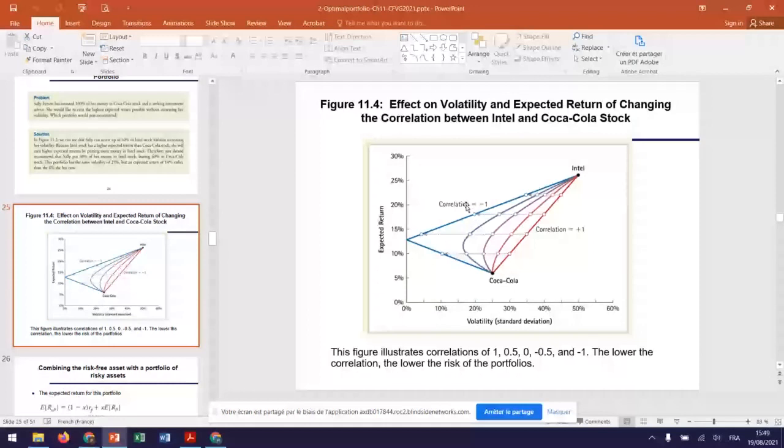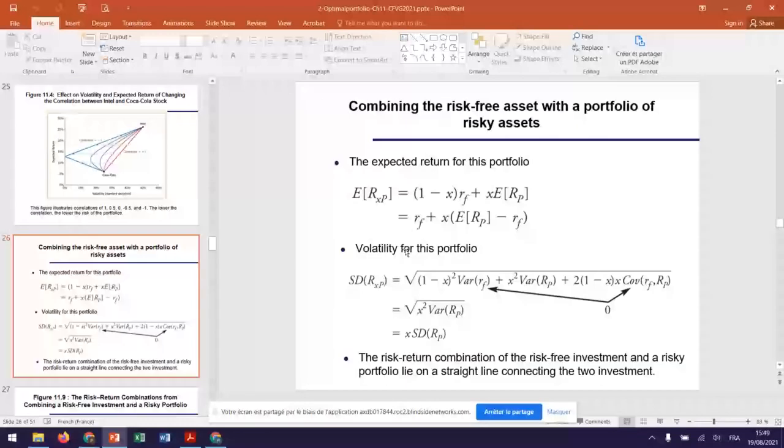You can even find a portfolio where your volatility goes down to 0 and you still get this return, which represents the risk-free rate in the economy. We're going to get some examples of those later on.